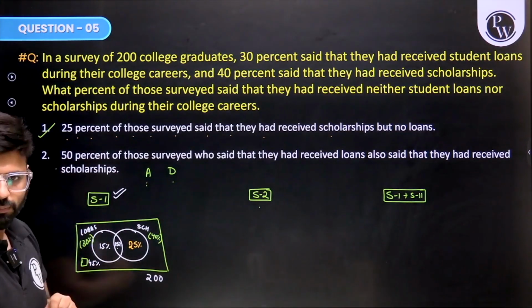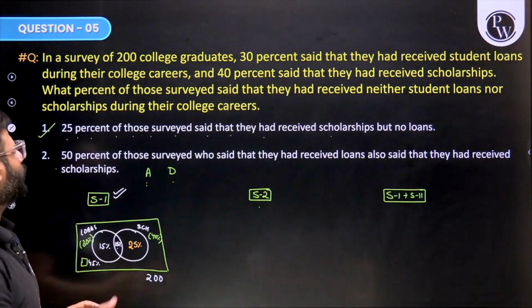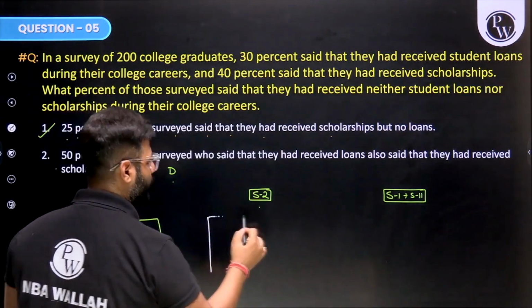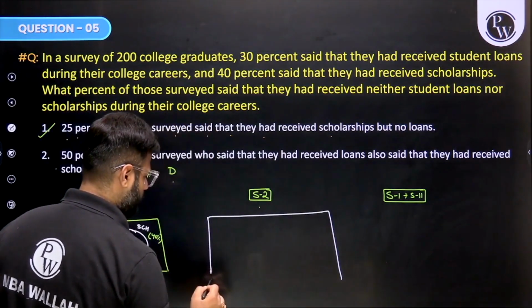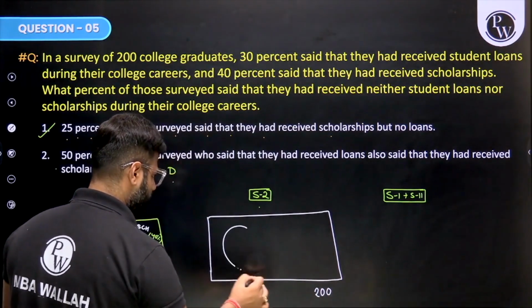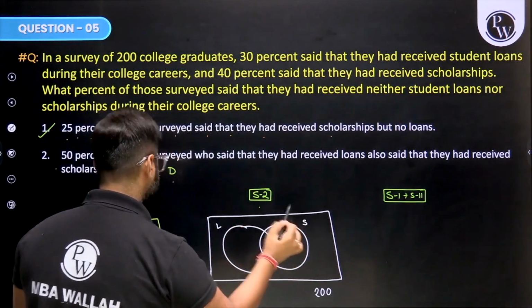Let's jump to this one. 50% of those surveyed who said that they had received... Let's look at this; first, let's make the diagram again. So what we had is 200 students and then we had the two Venn diagram circles, this for loans, this for scholarship.